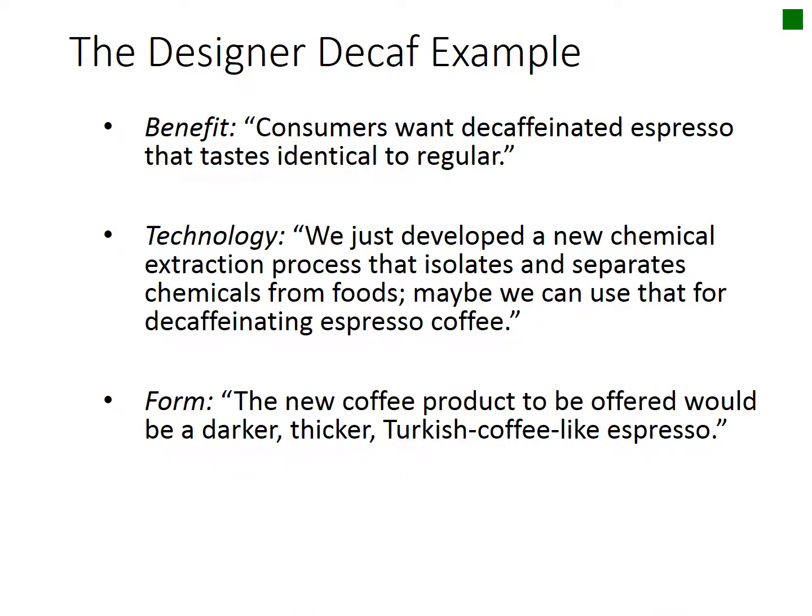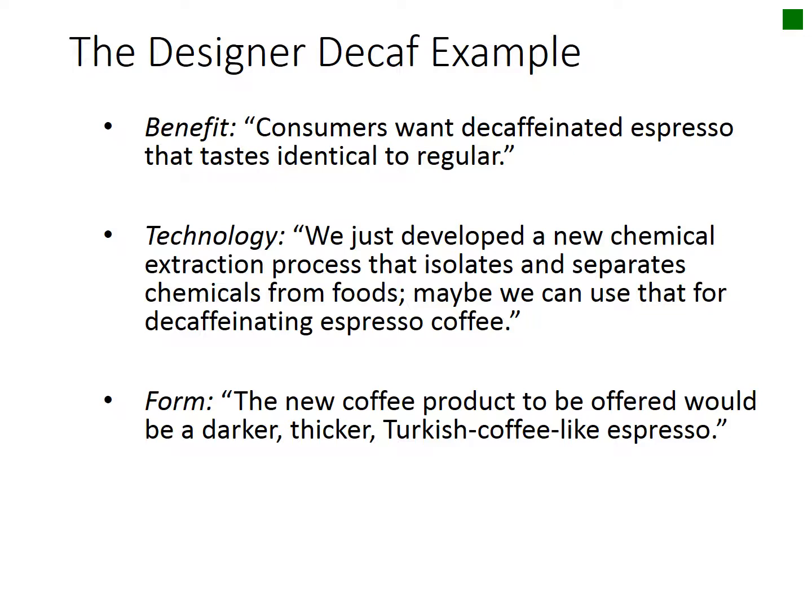So we'll actually create a new coffee product then, and this coffee product will be darker and thicker, and it'll be a Turkish coffee like espresso. It may be something that we deliver in a small K-cup type form, so that it could be a personal use type of beverage.